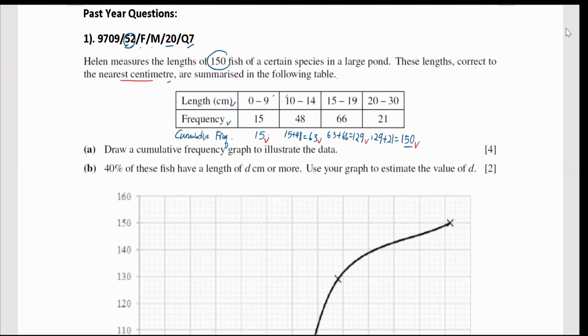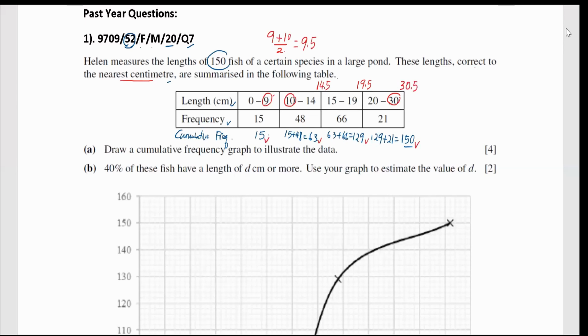We take the upper limit of the first interval plus the lower limit of the second interval and divide by 2. By doing this, we get 9.5. We do the same and get 14.5, then 19.5. And for the last interval, the upper limit, we get 30.5.